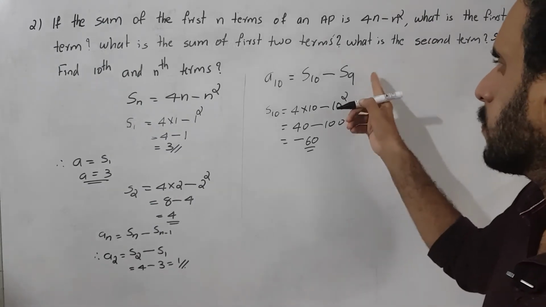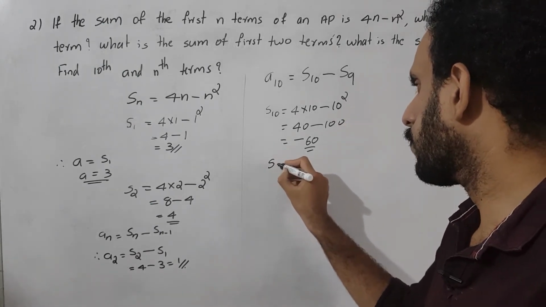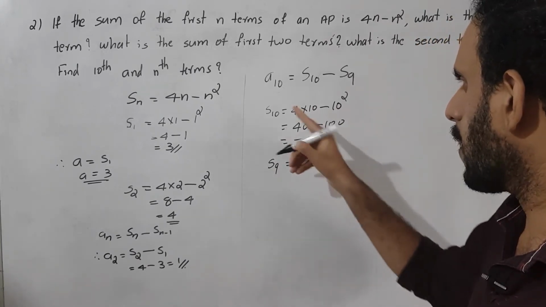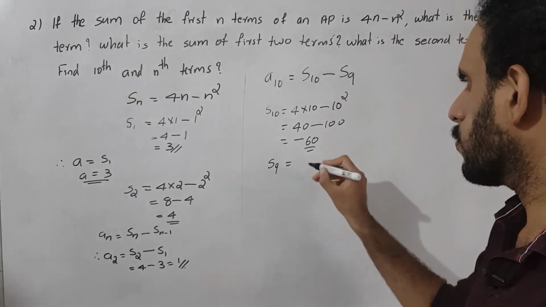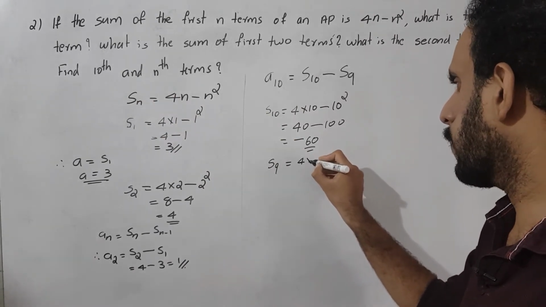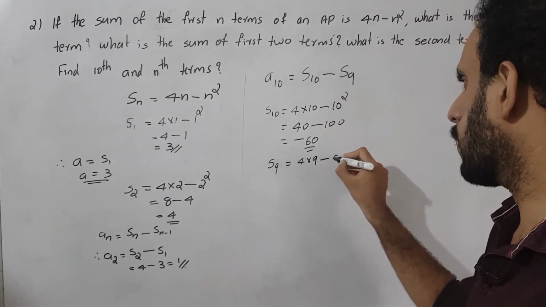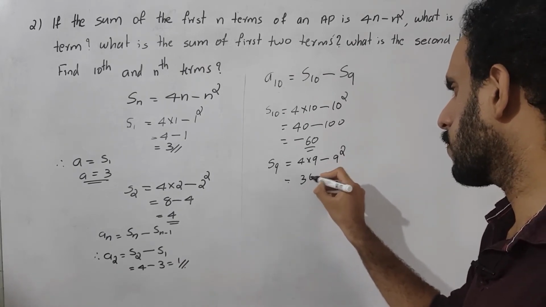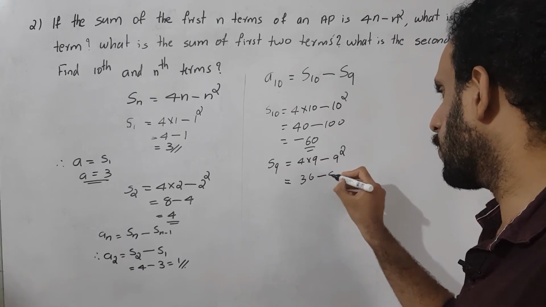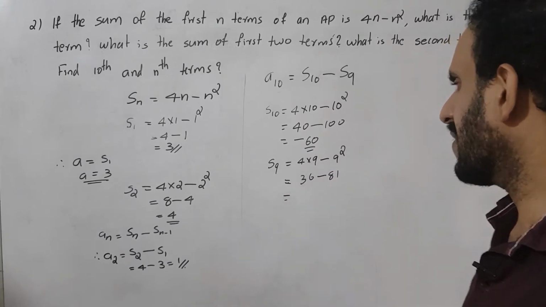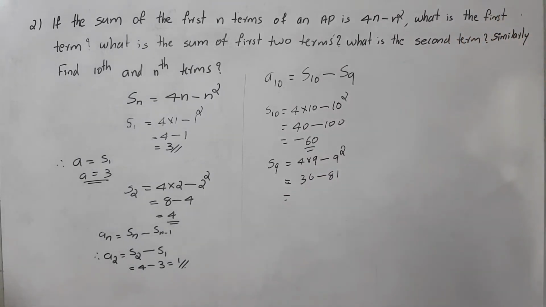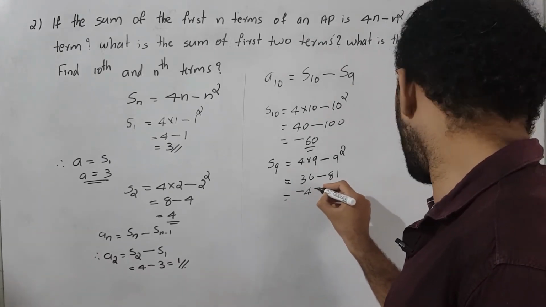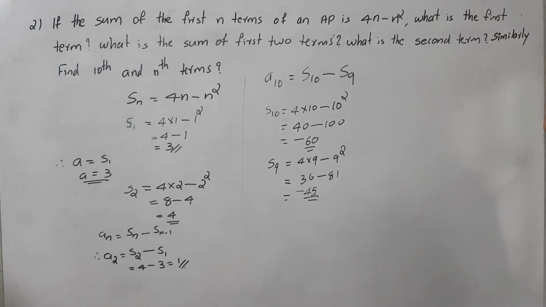Then the next, S9. What is S9? In this, we substitute n is 9. 4 into 9 minus 9 square. Then 4 into 9 is 36 minus 81, correct? Then 36 minus 81 is equal to minus 45.